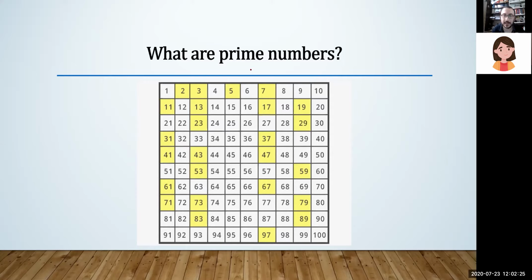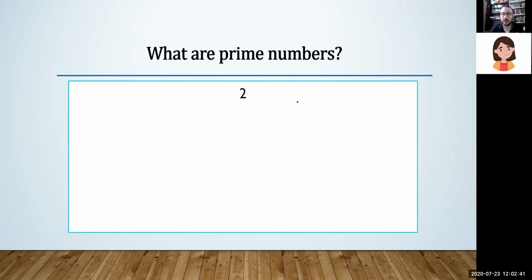They are 2, 3, 5, 7, 11, 13, 17, 19, etc. So you don't have to know all of them. You just need to memorize the first few, which are 2, 3, 5, 7, 11, 13. Say them once. 2, 3, 5, 7, 11, 13.